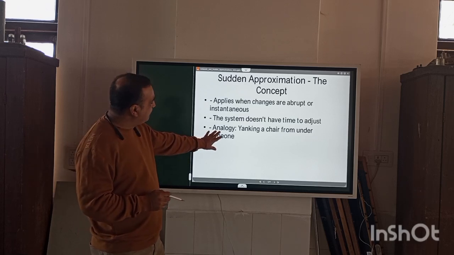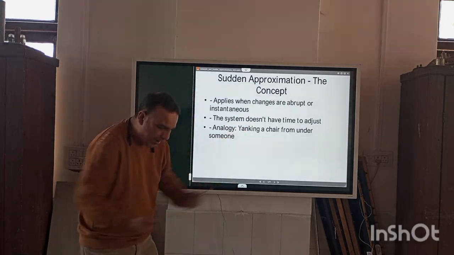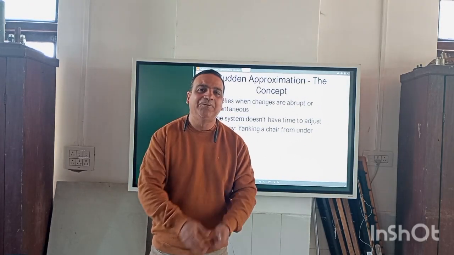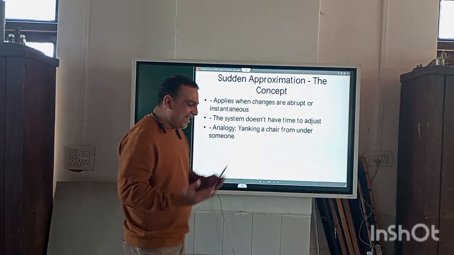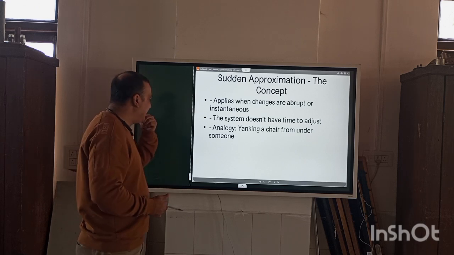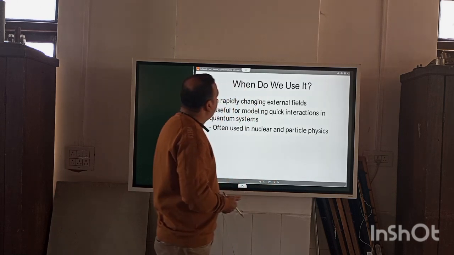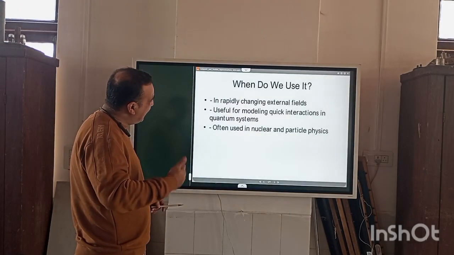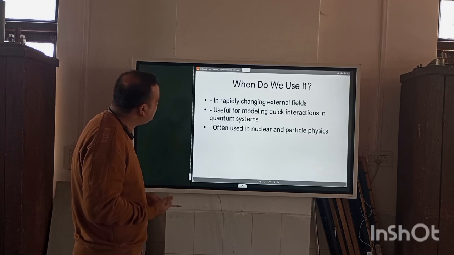We can think of yanking a chair from under someone. If somebody is sitting on a chair and we yank the chair, this will give a sudden drop to the person sitting on it. That can be treated as a sudden approximation. So you can get an idea about this approximation. We use it when the external fields, the external perturbations that you are imposing on your system, are rapidly changing.